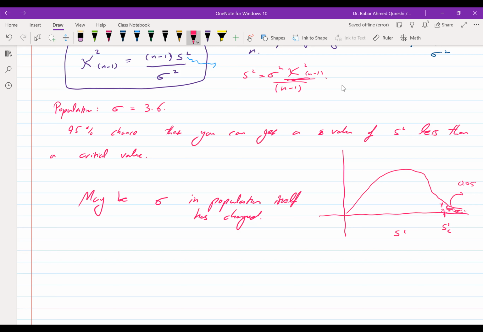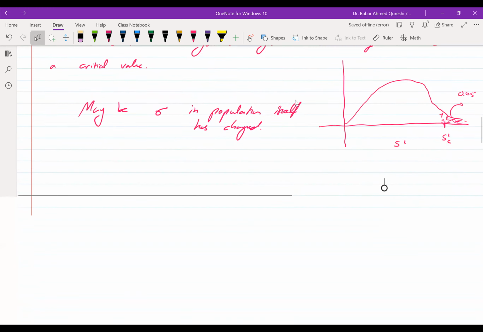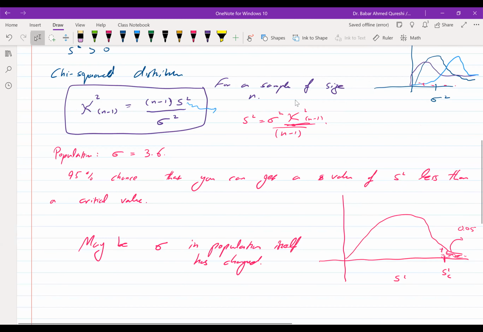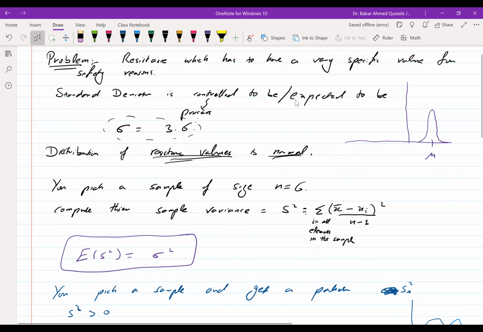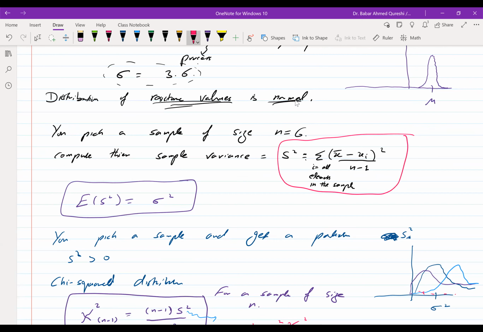So how would you compute this chance? Let me see what's the question. S square is just the variance of the sample. It's written over here. Variance of the sample. So you are trying to see the variance. Remember, what is variance?